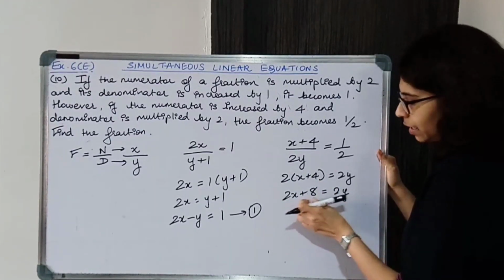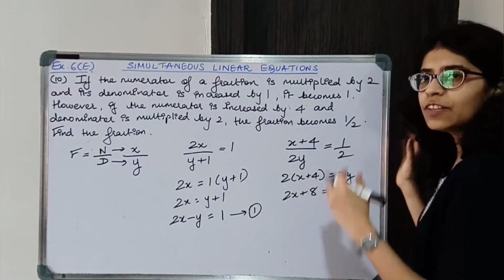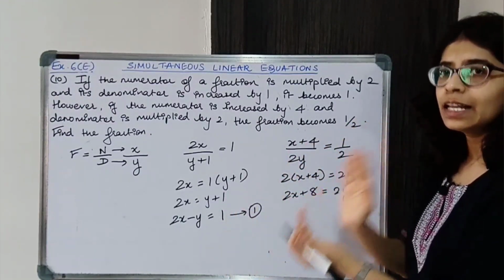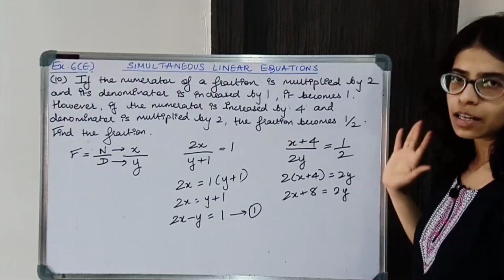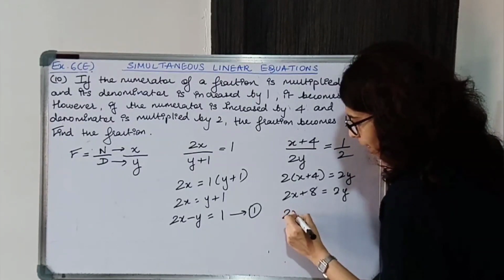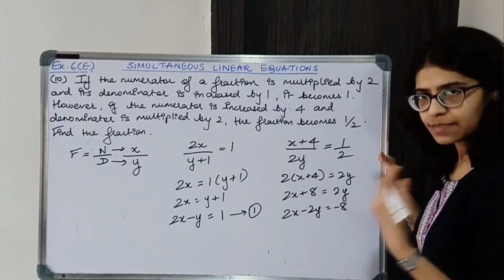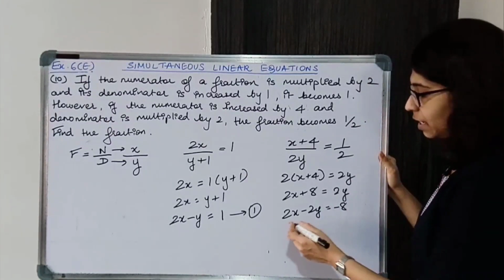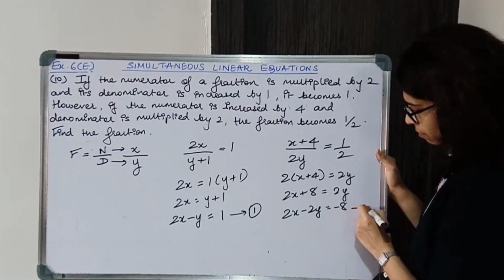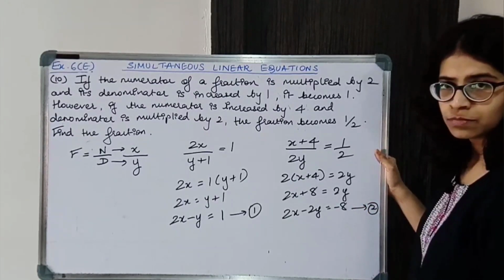Shifting y over here and number over here, because x and y will keep in left LHS and the number in RHS. So 2x minus 2y is equal to minus 8. The signs will change, okay. Now this is the other equation.